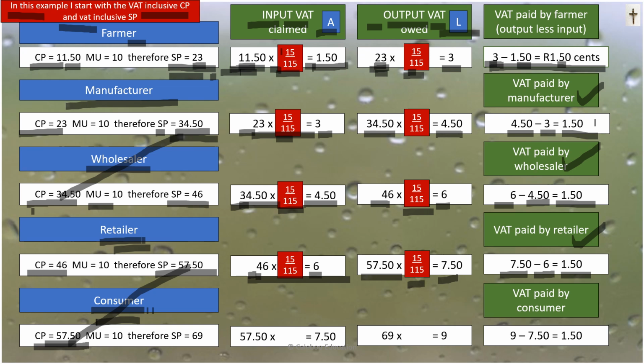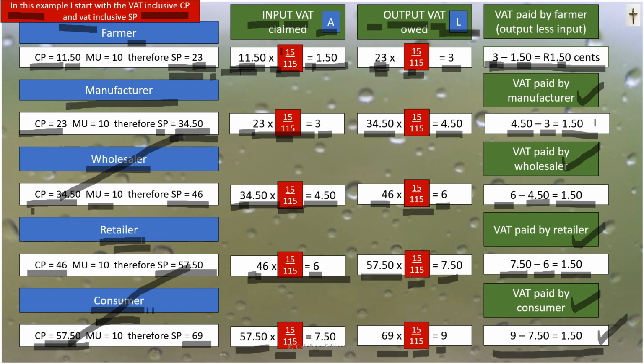And to calculate the VAT input, we say 57.50 multiplied by the VAT fraction, that is 7.50, and the output VAT is the selling price, including VAT, multiplied by the VAT fraction, which is equal to 9. 9 minus 7.50 is 1.50, the VAT paid by the consumer.